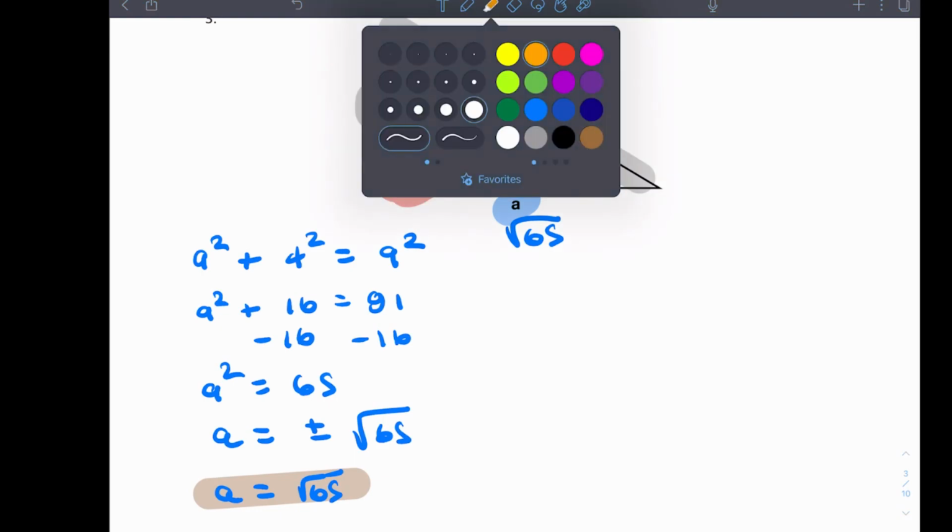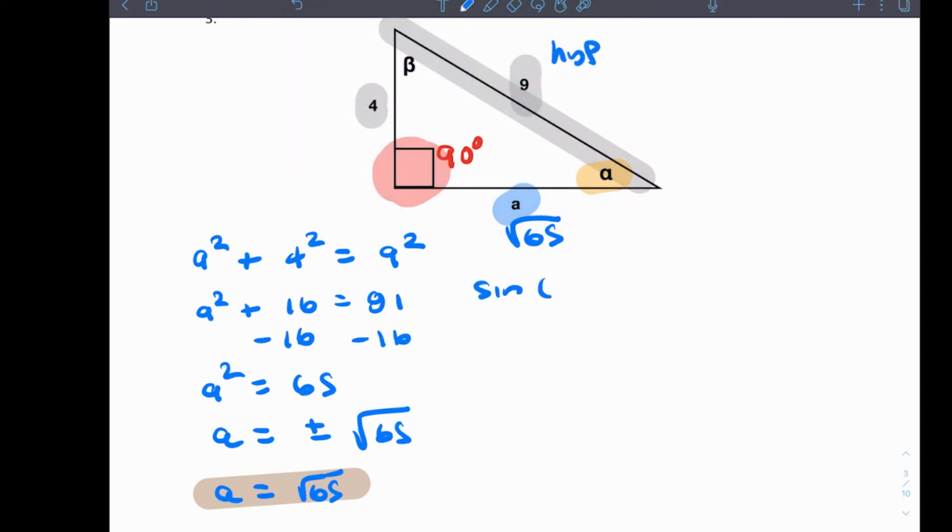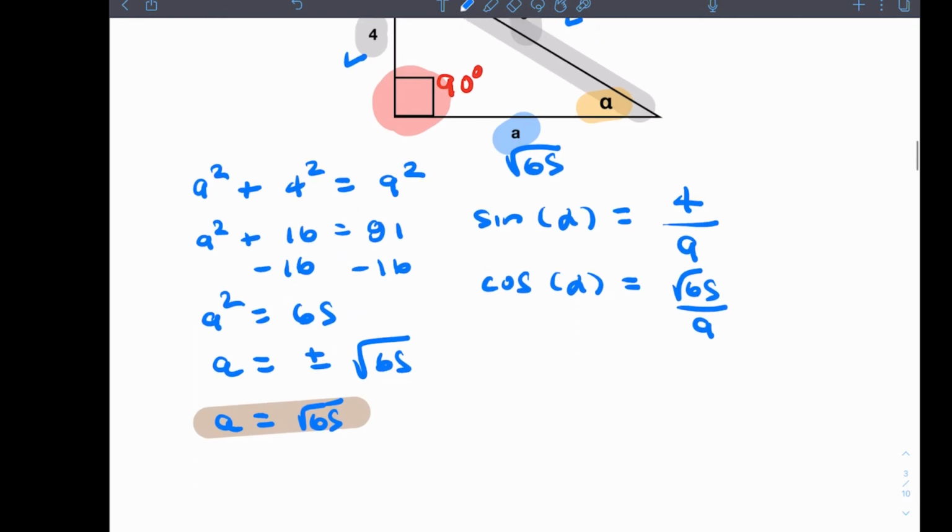So if they start saying, okay, I have to do sine of alpha now, right? So you might say, okay, sine of alpha now, what's the definition? Opposite 4 over hypotenuse, which is 9. So it's 4 over 9. There you guys go. Cosine alpha, adjacent square root of 65 over hypotenuse. There you guys go. Is that right?